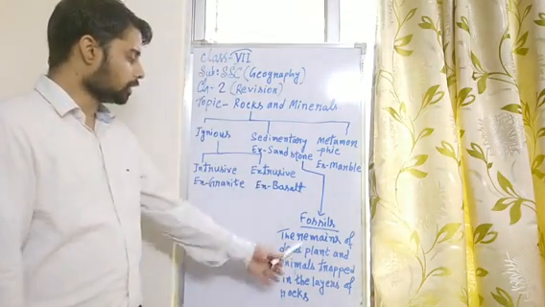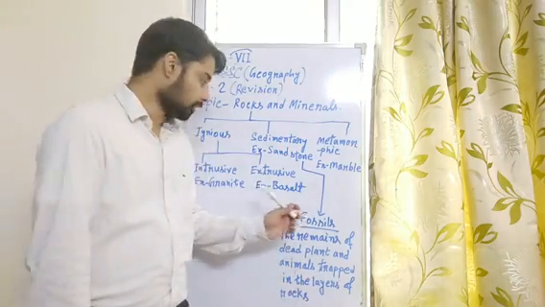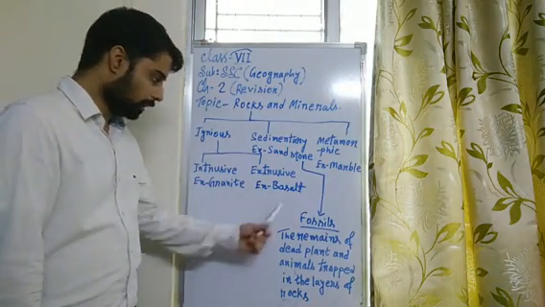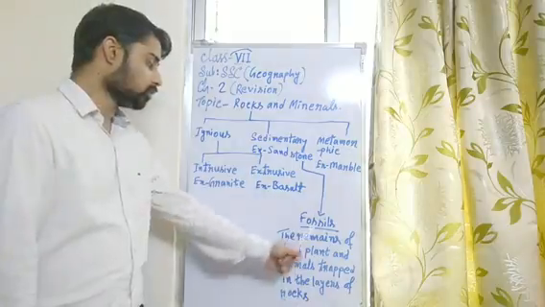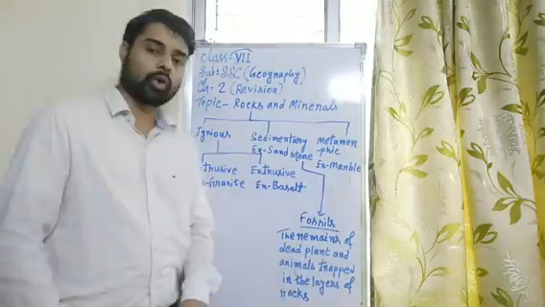Another important thing is that fossils are also found in sedimentary rock. What are fossils? They are the remains of dead plants and animals trapped in the layers of rocks.